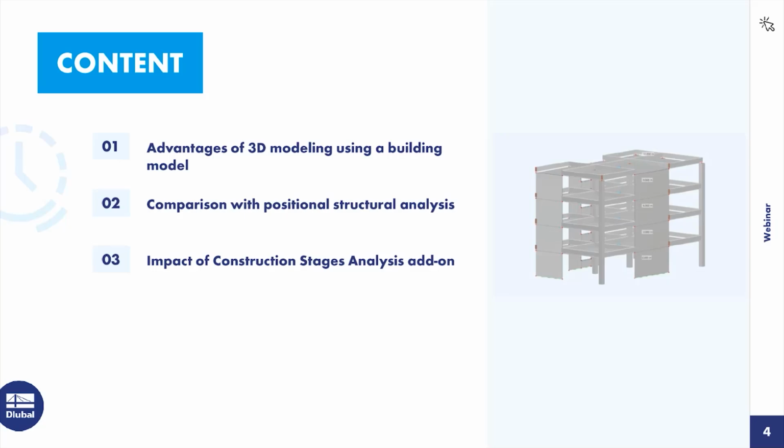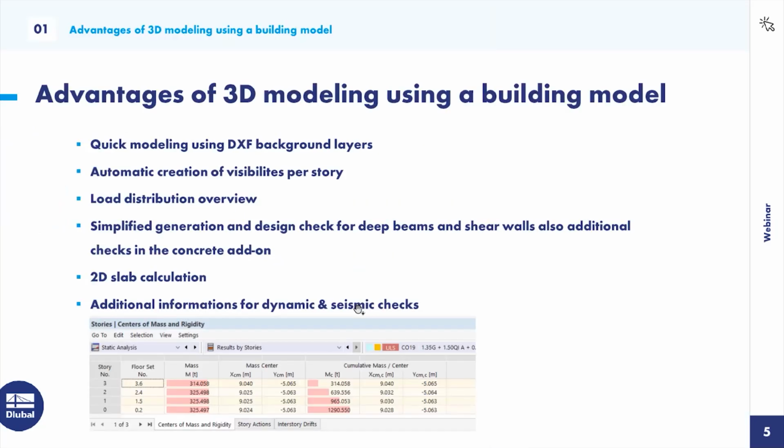Okay, then let's start with the webinar. The first topic is the advantages of the building model. Here I will show you in RFEM 6 the quick modeling using a DXF background layer.